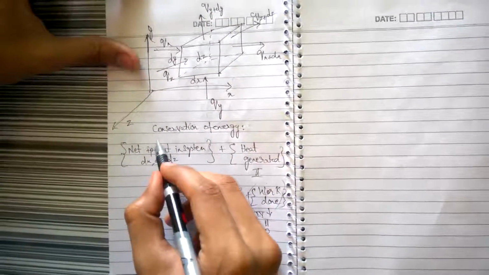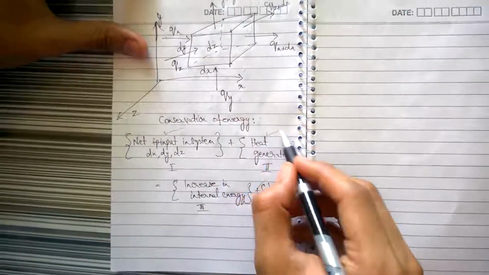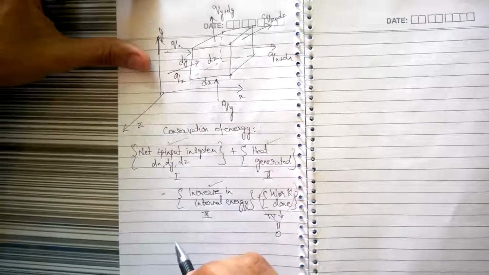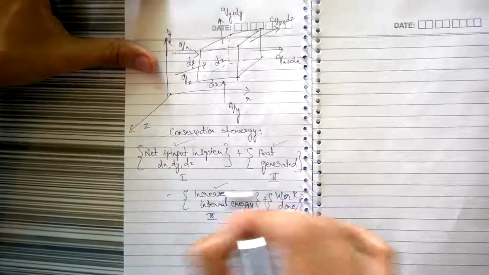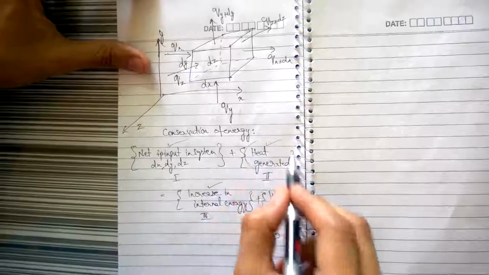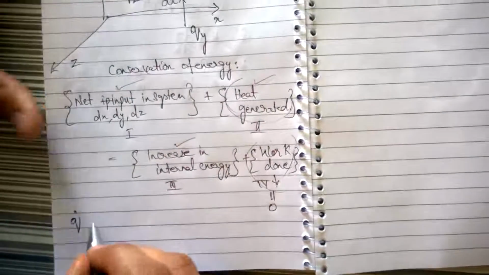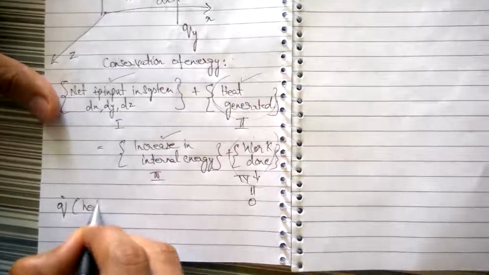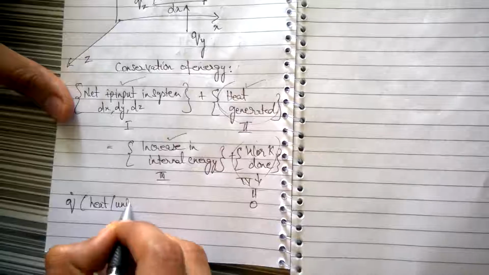Now we need to find out what is the net heat input, what is the heat generated, what is the increase in internal energy. We'll go by the simplest one first. Let us go by heat generated by the system. So we will say this Q dot is heat per unit volume, heat generated per unit volume, right?